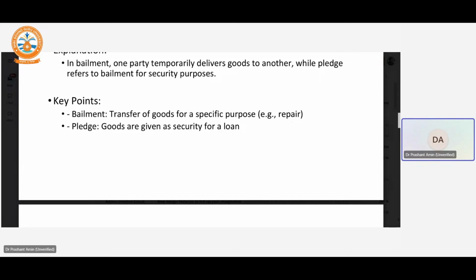In bailment, the goods are delivered temporarily to another party. So that is the difference. There is a specific provision in the Indian Contract Act related to bailment and pledge. Bailment is a transfer of goods for a specific purpose, maybe a repair or that kind of thing. In a pledge, the goods are given as security, like for a loan, right? So that is a pledge, right?